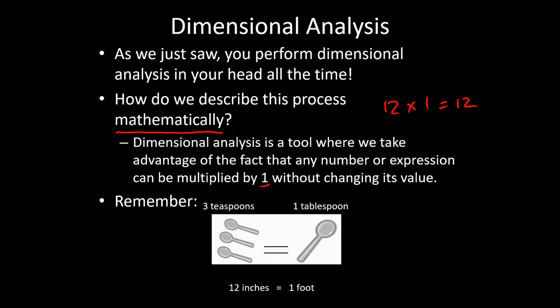So 12 inches is equal to 1 foot. We're just now mathematically saying what we were saying before. We're actually putting it into an equation. 12 inches is equal to 1 foot. 3 teaspoons is equal to 1 tablespoon.